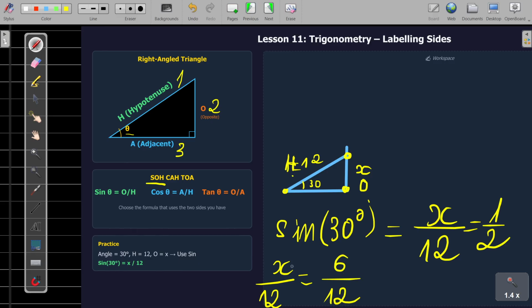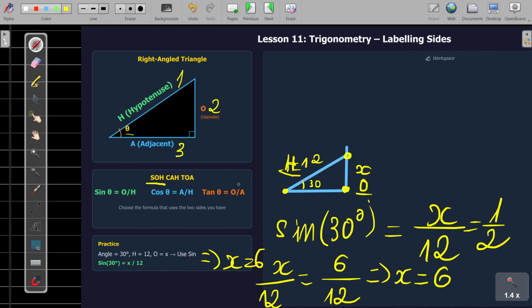And if you just solve it, x will give us 6, so this opposite side will be 6. So to find x here, you just need to do this step. That's it. And remember to find the formula that fits both of these sides.